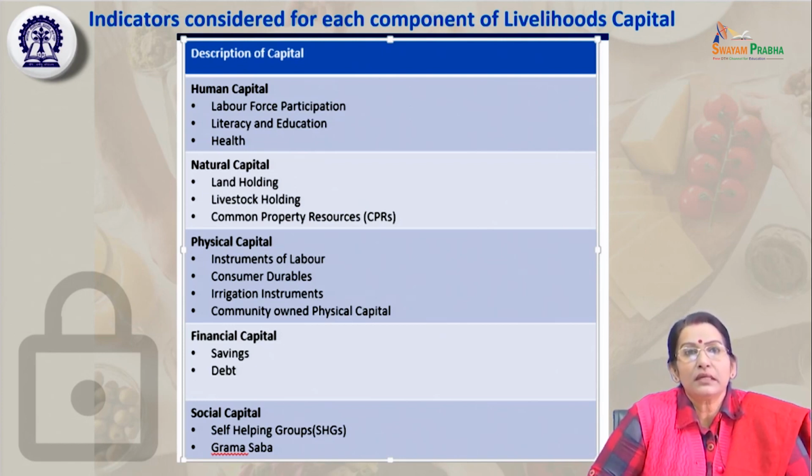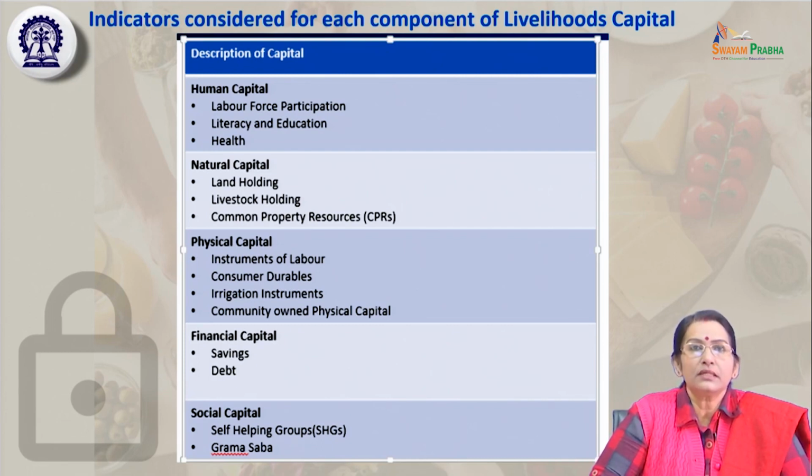These are the physical capital that we take into account, all kinds of physical capital which help us in livelihood stocks, that means production, consumption, etc. Then financial capital, of course the rupee, money, savings, debt, cash, gold, etc. Social capital is self-help groups, Gram Sabha, Panchayats, and NGOs working in these areas. That is the support system, the social support system, that is the social capital.